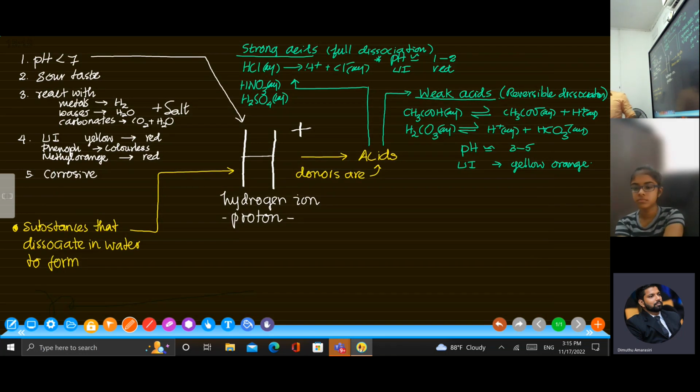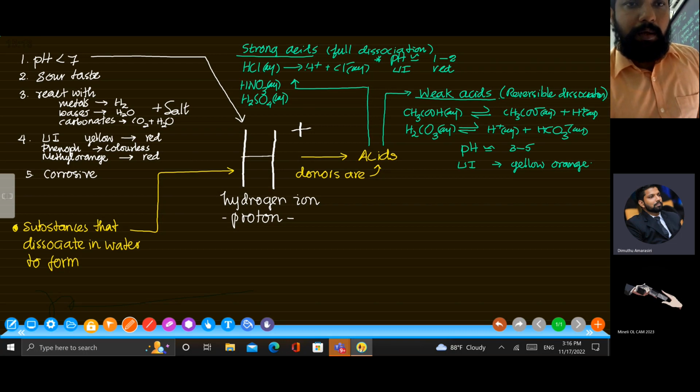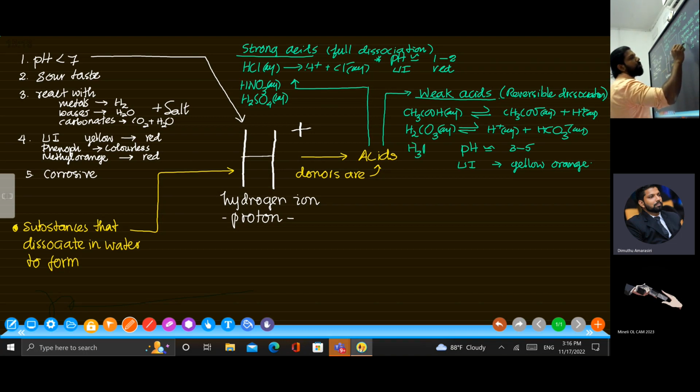So any anion you can simply convert into an acid. For example, whose anion is sulfate ion? Sulfuric acid. Nitrate ion, phosphate ion, phosphoric acid. Another weak acid you can know is phosphoric acid.